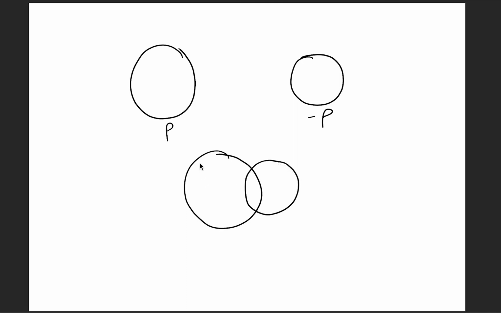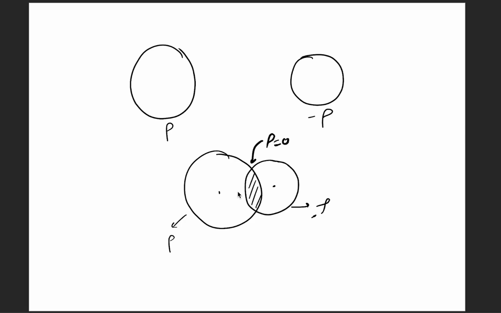Since the charge densities are equal and opposite, this intersection is devoid of any charge density. This is minus rho and this is plus rho. This is the origin, the center of this one.